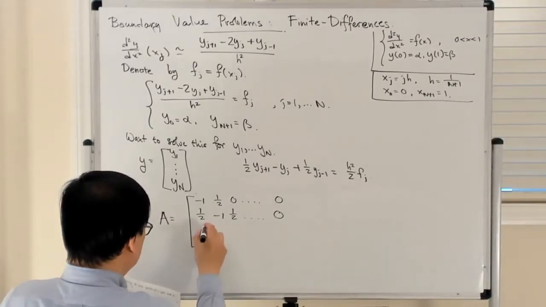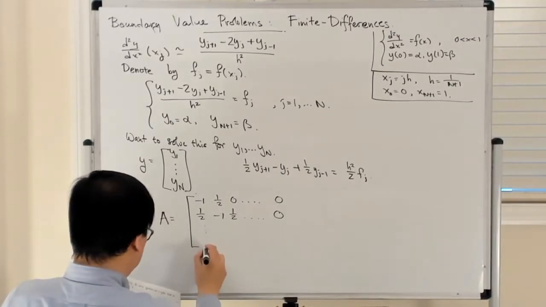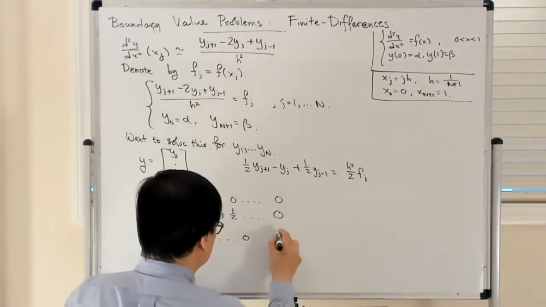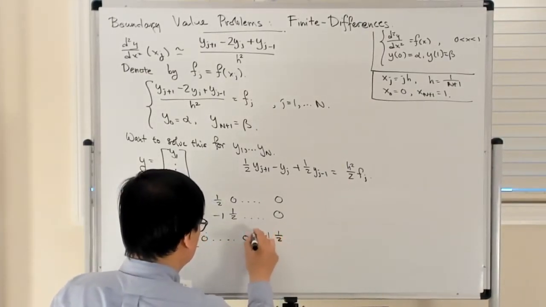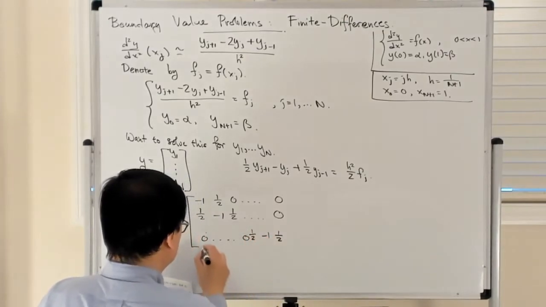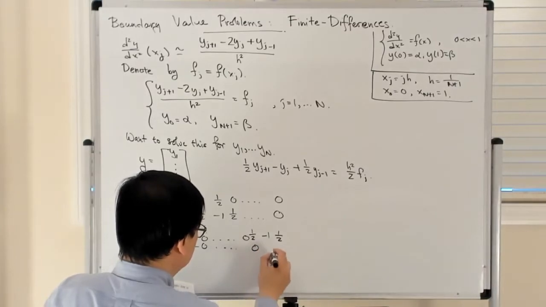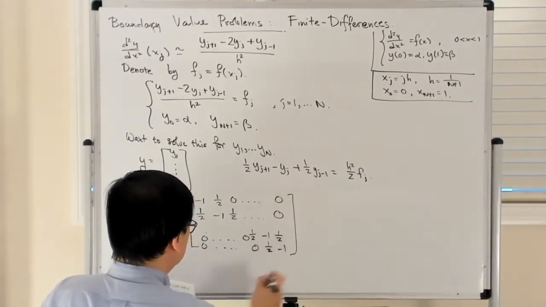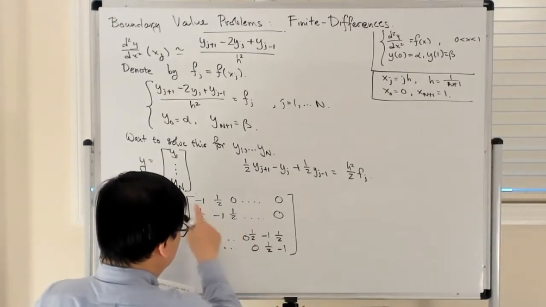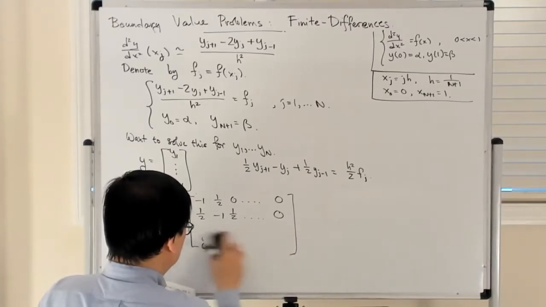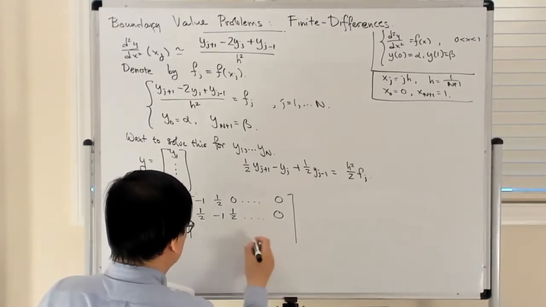And then let me just write down the last two rows: there's a 1/2, -1, and there's a 1/2 here, and it goes up to 0 here, and there's a 1/2 and -1.